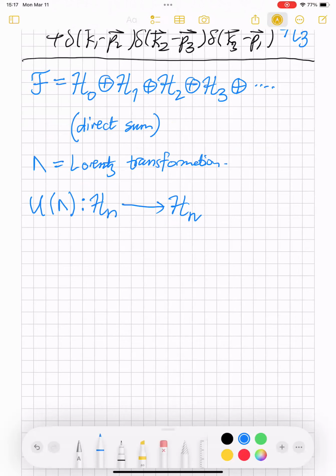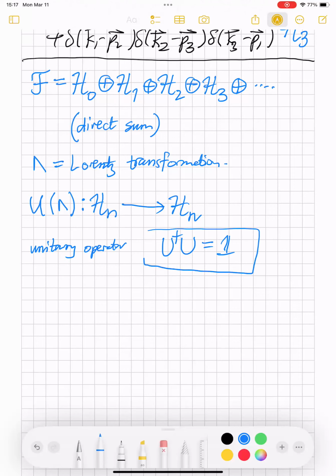It's a unitary operation. Now, let me remind you what a unitary operation is. If we've got a unitary operator U, then one of the things that U obeys is that U dagger times U is the identity. So this equation in the box is what it means to be a unitary operator.